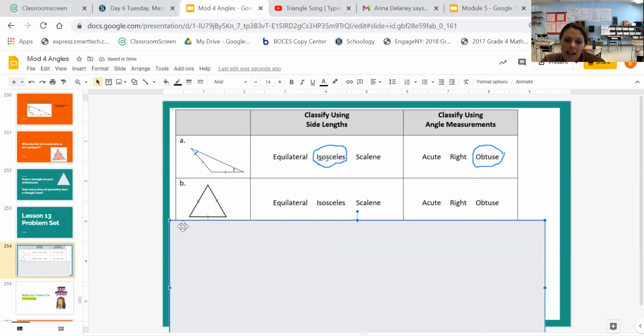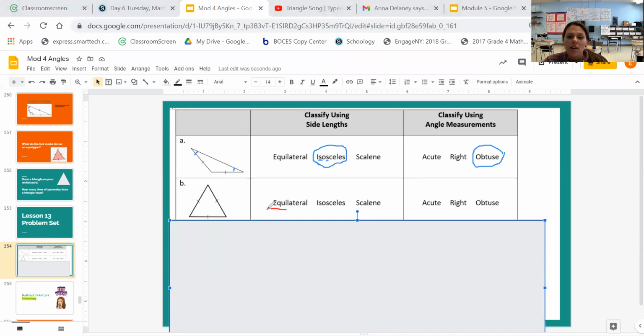Take a second, identify the tick marks, maybe go back and use your note page. What do we know about this triangle? Okay, hopefully when you looked at this one, you identified that there were 3 tick marks, and all 3 of those tick marks were the same, telling us that they're equal.